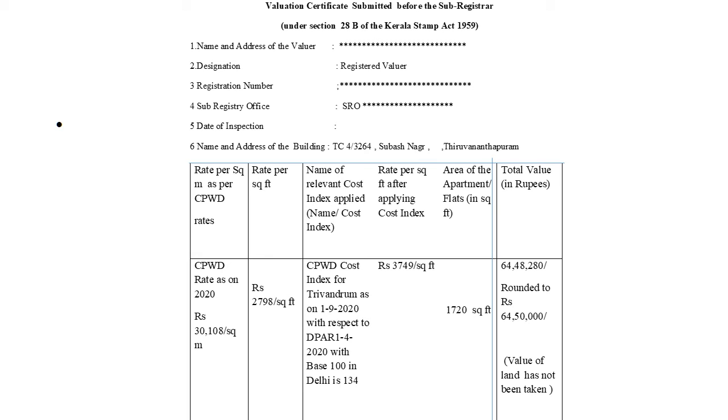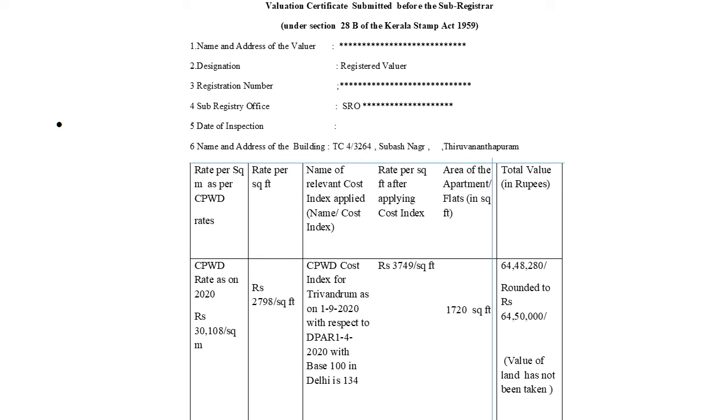Then CPWD cost index for Trivandrum as on 1/9/2020 with respect to the plinth area rate 1/4/2020 with base 100 in Delhi is worked out as 134.